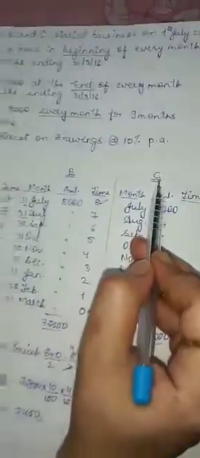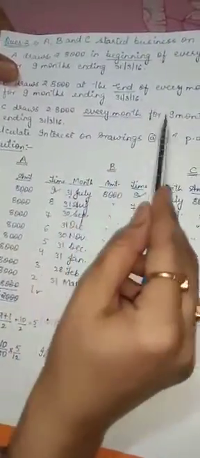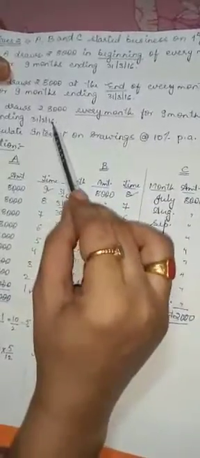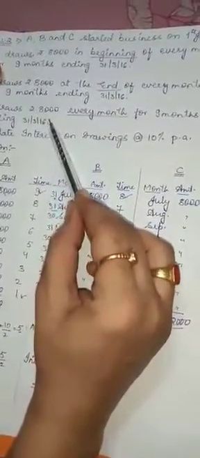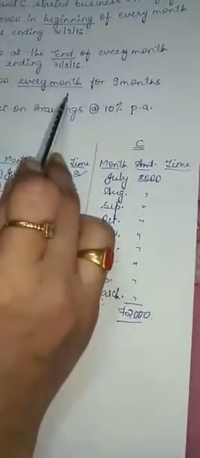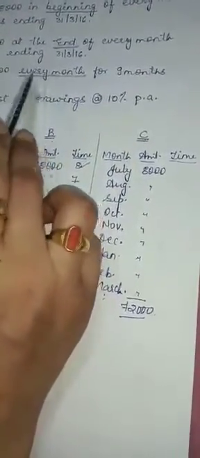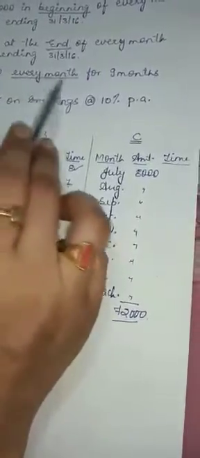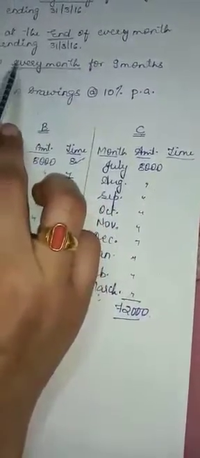Now let us take partner C's drawing. C draws rupees 8,000 every month for 9 months ending 31st March 2016. Now 31st March means again 9 months would start from July till 31st March. And here it is not mentioned at what time he has withdrawn. Only "every month" is written, which means nothing is mentioned.